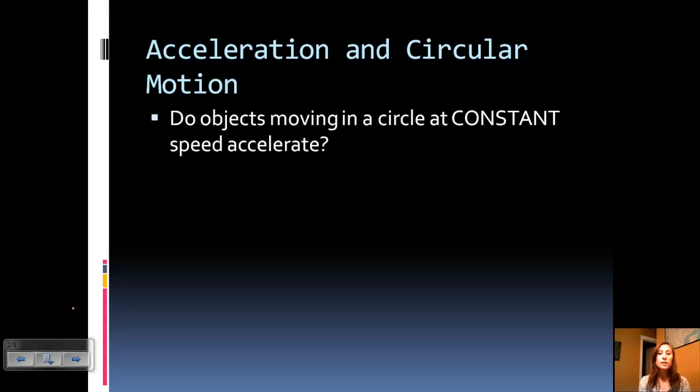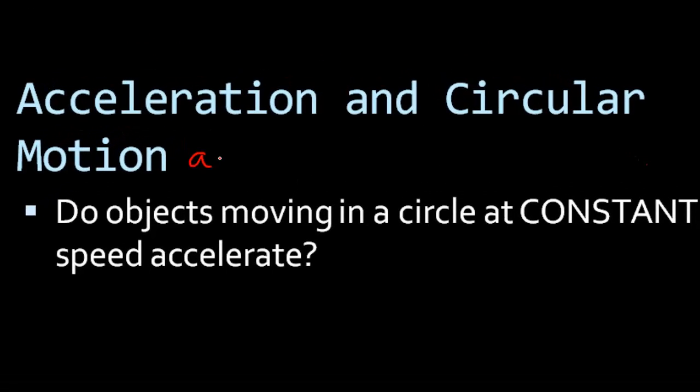So if we think about acceleration, do objects moving in a circle at constant speed accelerate? Well, let's think about what acceleration is. Acceleration is the change in velocity over a change in time. And we know that velocity can be broken down into speed in a given direction.